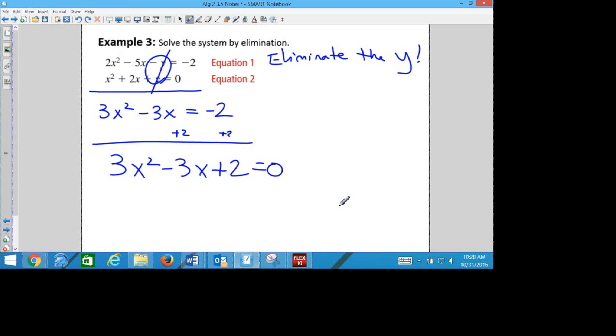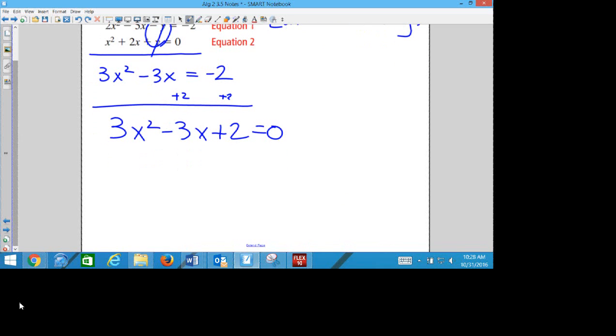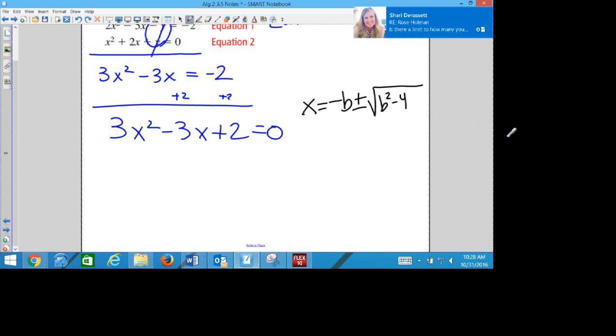Oh, Jared's gonna sing it for us. Ready? X equals opposite b plus or minus square root b squared minus 4ac all over 2a. Thank you.